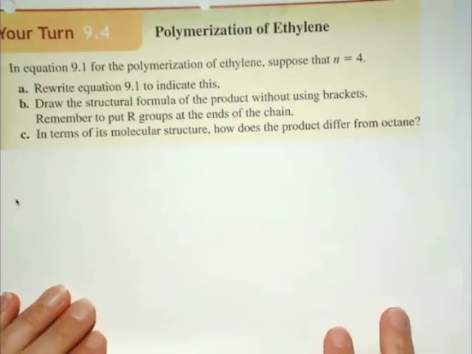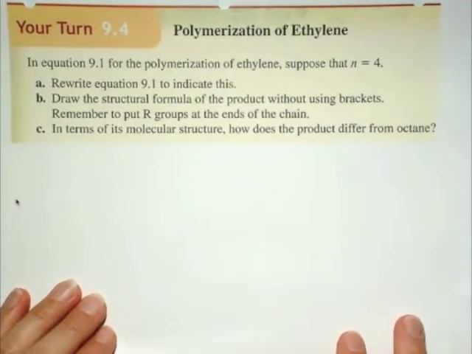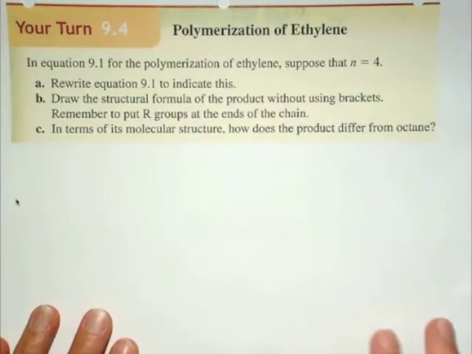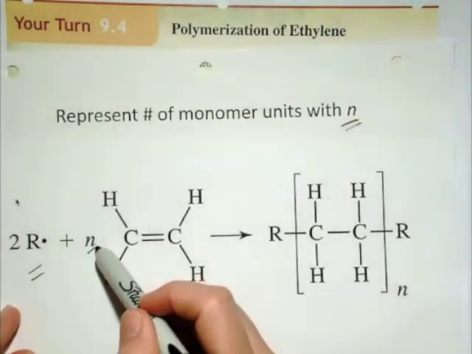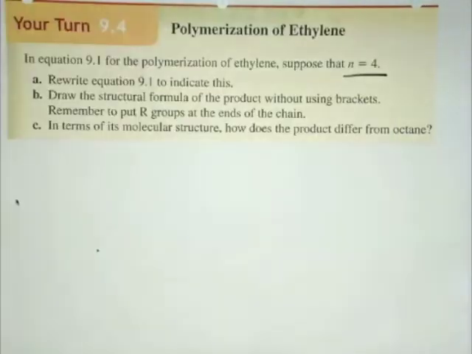Okay, so let's look at an example here, see if you're getting this. In this particular exercise, it says, suppose that N equals 4. So in this previous reaction that we just took a look at, suppose that the N here is 4, and rewrite that equation to indicate that.